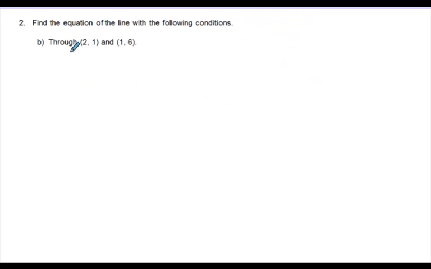Now, next, B, through 2, 1 and 1, 6. So we're given two coordinate pairs. What we need to use point-slope form is a point and a slope, and we have 2 points, so we can use the equation for slope, m equals the change in y over the change in x.